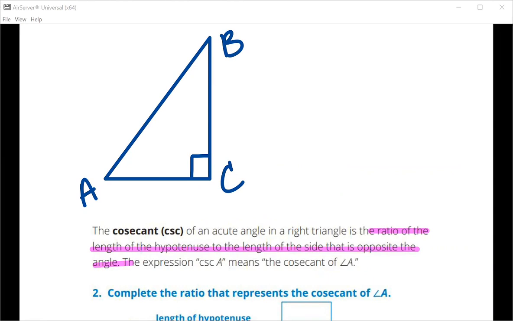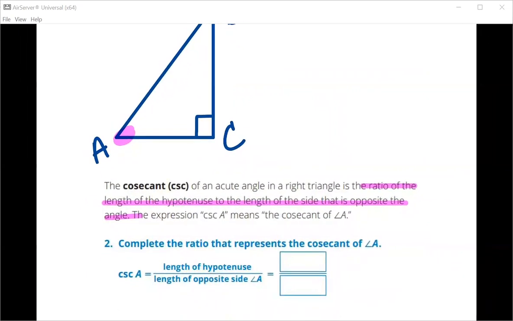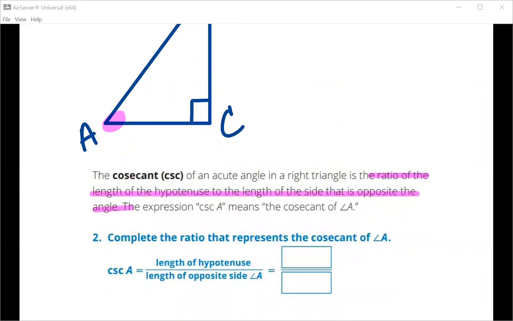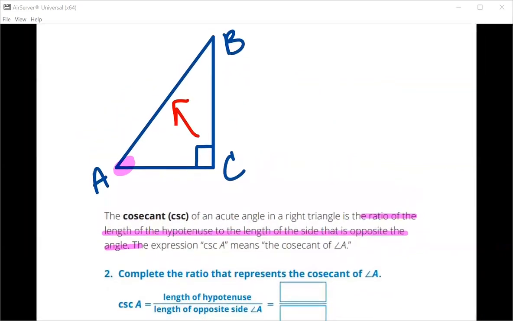Given our reference angle A again, and we'll slide this up a little bit so you can see, looking for my cosecant, I'm now looking for the length of the hypotenuse. In this case, again, directly across from that right angle is going to be side BA.